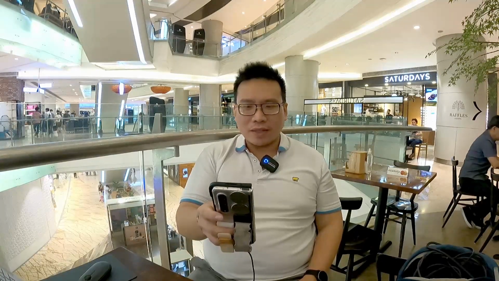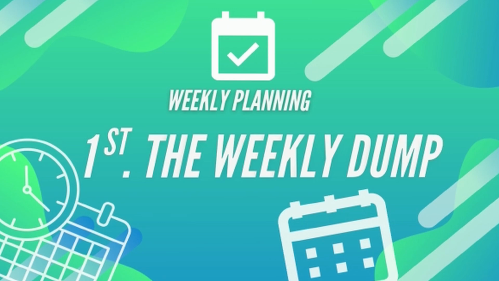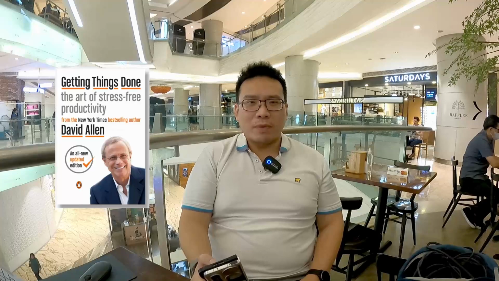The first section in terms of the weekly planning is to do what I call the weekly dump. This is based on the GTD method that is written in the book called Getting Things Done by David Allen, and it's a very famous book.